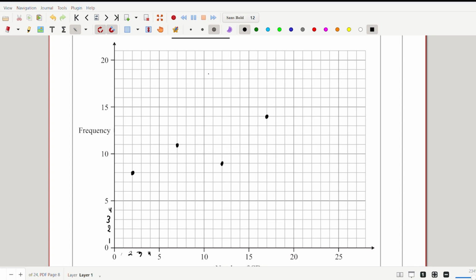And don't forget to draw straight lines. So we'll draw straight lines now. These are our straight lines.